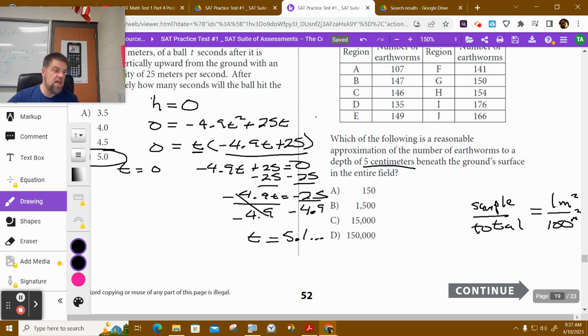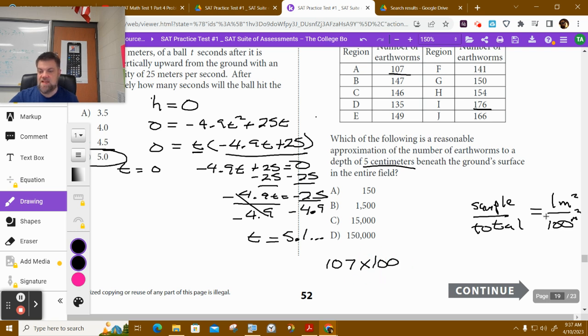Okay, so then what do we do? The counts range from 107, I think, as the smallest number, to 176 as the largest number. So we'll start there. If it's 1/100th, we could take those numbers and multiply them by 100.